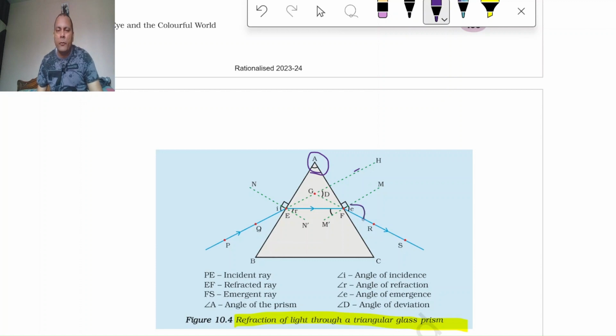This is the angle of emergence, the final emerging ray that comes outside from the prism. And the angle of deviation: the original ray direction is this way and the final ray direction is this way. When we draw the line, that is the angle of deviation, from the original direction to the final direction after passing through a prism.